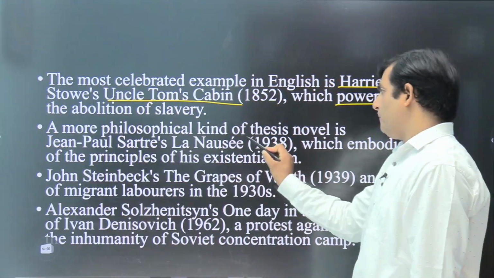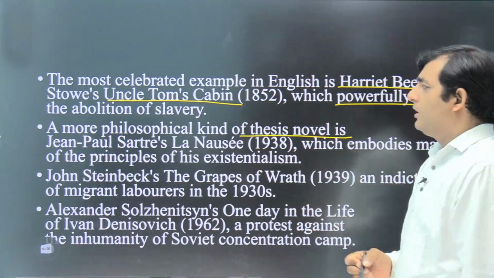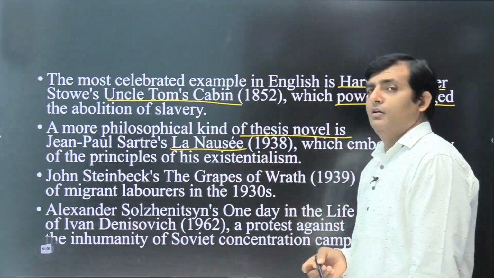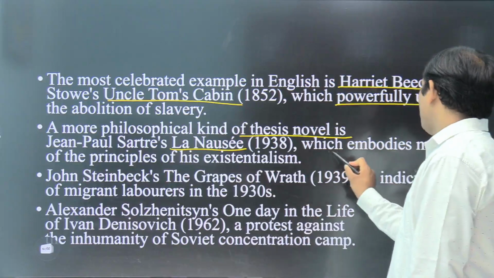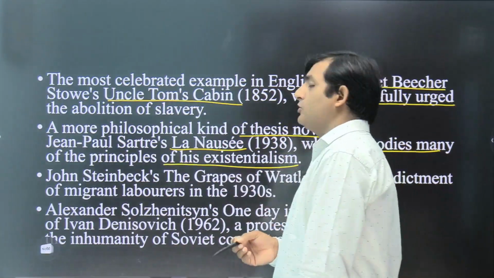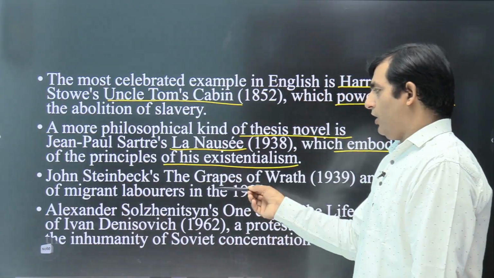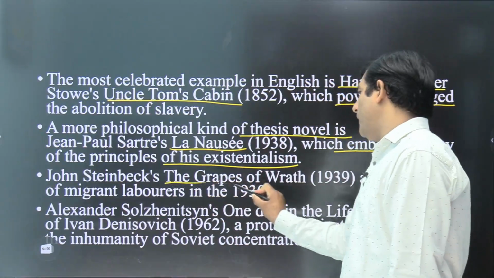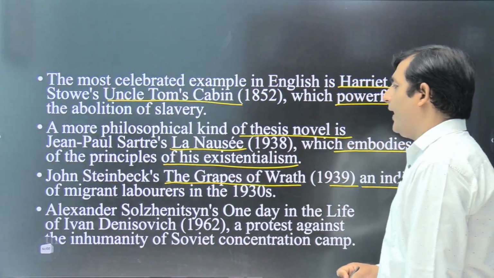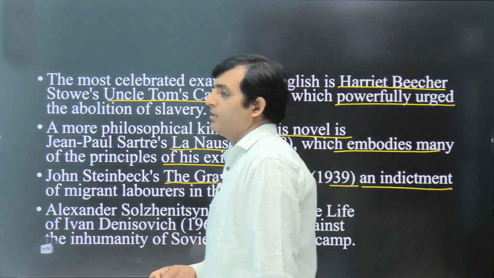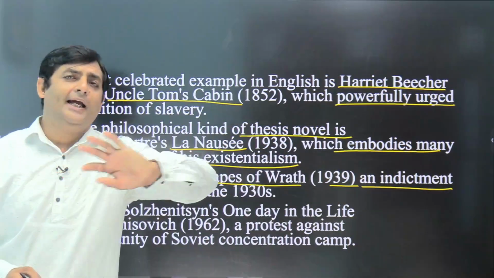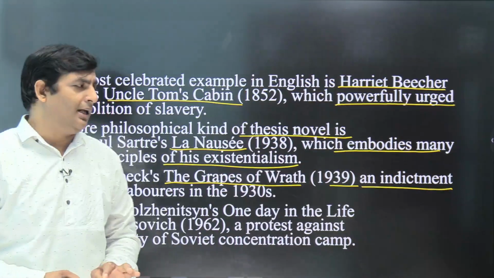A more philosophical kind of thesis novel is Jean-Paul Sartre's La Nausée, French title, which embodies many of the principles of his existentialism. John Steinbeck's novel The Grapes of Wrath, published in 1939, an indictment of the plight of migrant laborers of the 1930s.